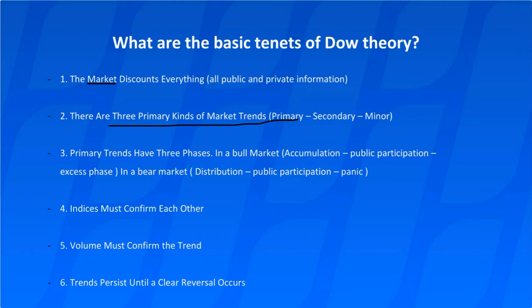We have trends according to the time frame. If we start by asking what are the market trends according to the time frames, let's start with the primary one. A primary trend is the main trend. It's the longest type of trend according to the time frame.